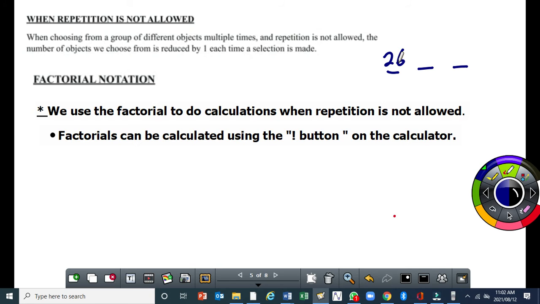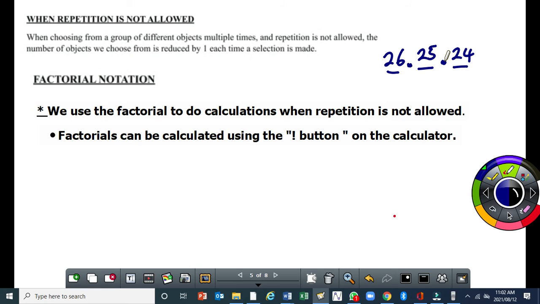They can fight for that position, all 26. But once you use a letter in the first position, you can't put it there again. So you're left with 25. Then the third one is left with 24.